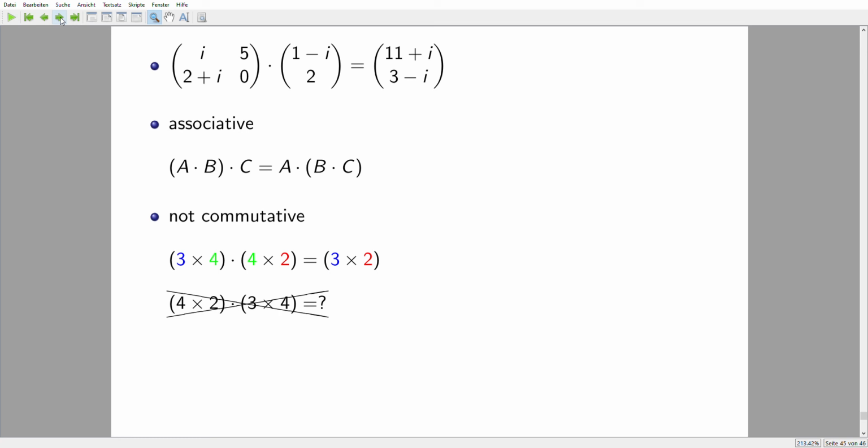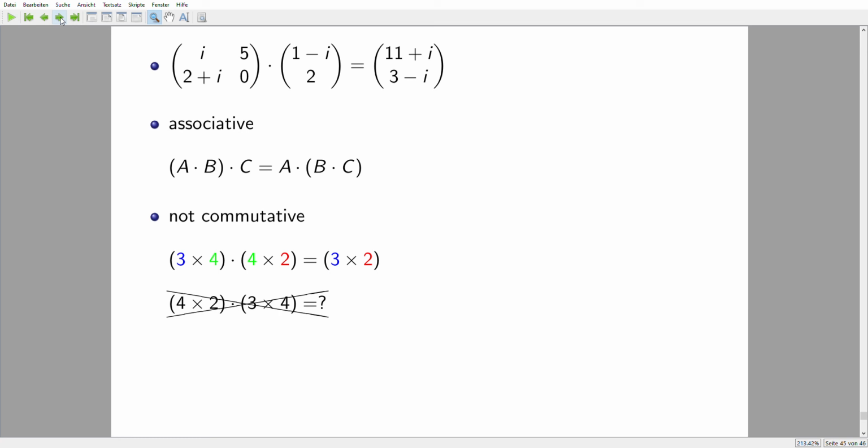Say you have a 3 times 4 and a 4 times 2 matrix. We know we can build a product and get a 3 times 2 matrix. On the other hand, if we take a 4 times 2 and a 3 times 4 matrix, they are not compatible.